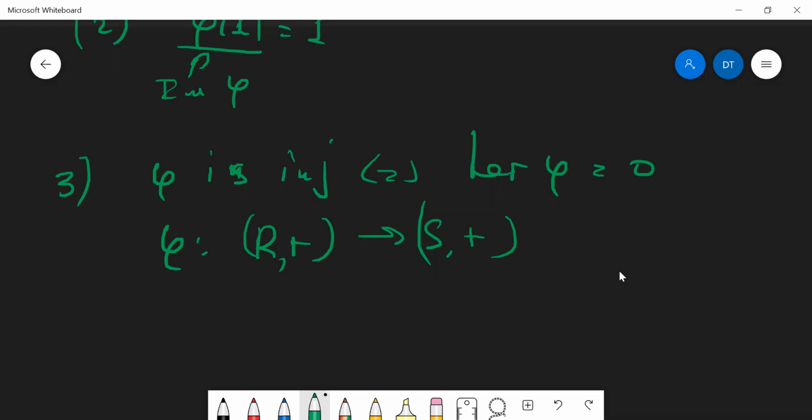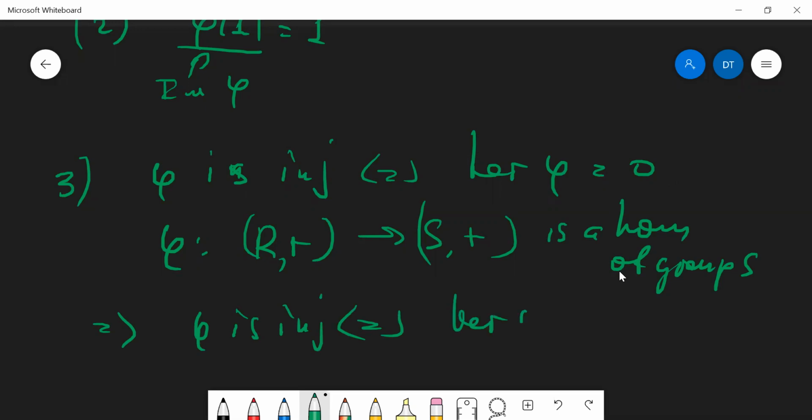So just by the result about groups, since this is a homomorphism of groups, phi is injective if and only if the kernel of phi is 0. This is the result we already know. So we just derive the result about rings from the result about groups. And this completes the proof. The item number 4 is just trivial.